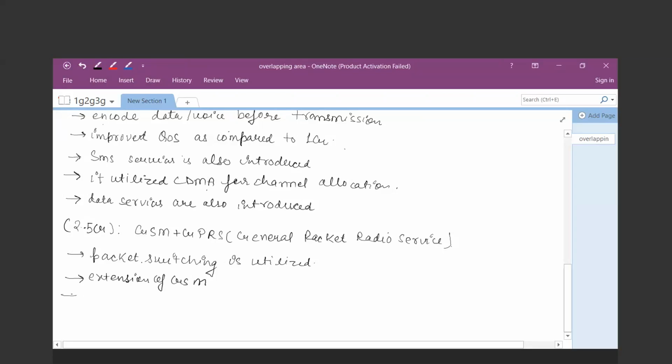Because it is fast and packet switching is utilized, it enhances the capability of multimedia types of services and internet services. In the year 2000, it was deployed.